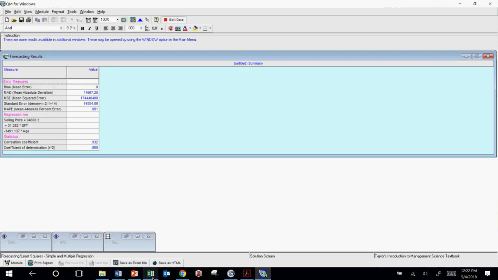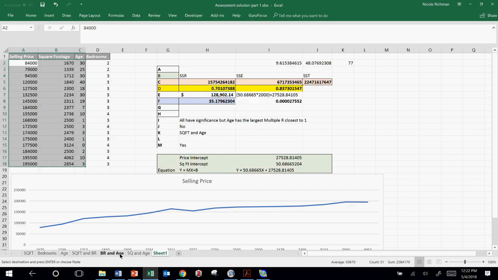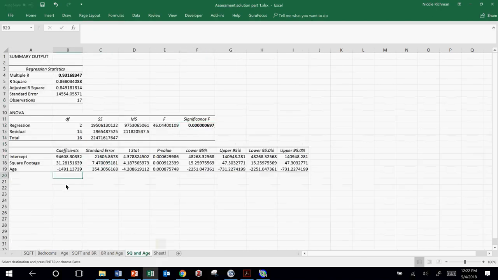So now we would write this equation, and I'll go over here to square footage and age.